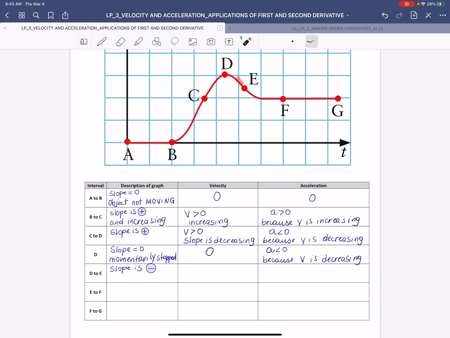Is it becoming more negative or less negative? So you start at the slope 0, which is at D, and then after that, negative, more negative, more negative. So we'll say that it is negative and decreasing.